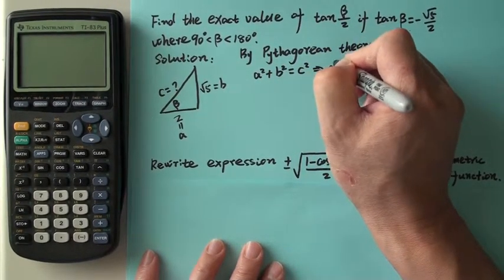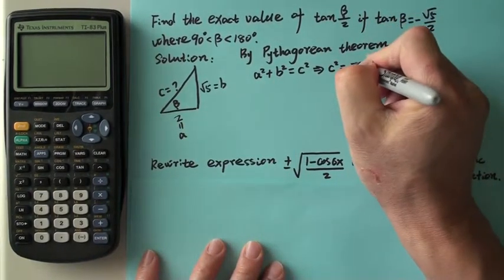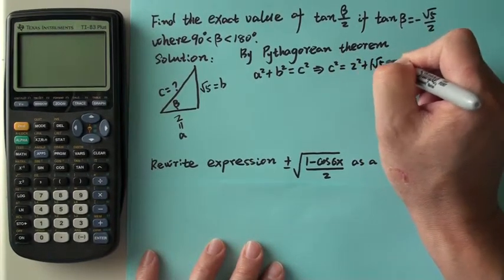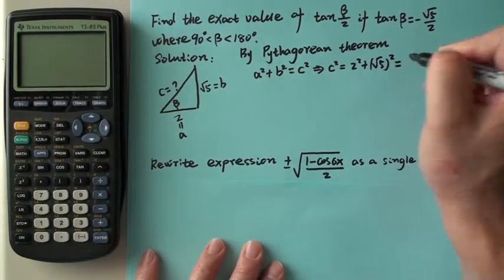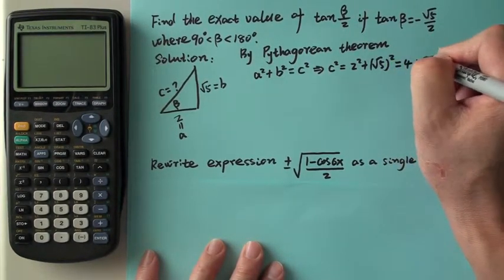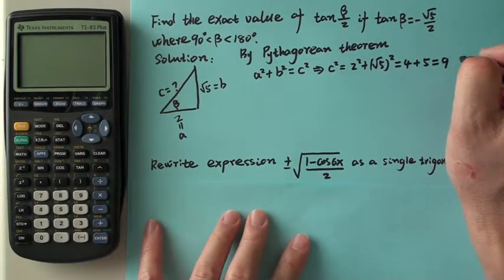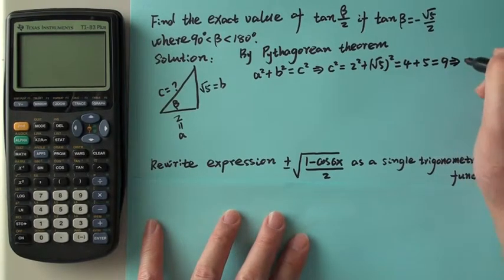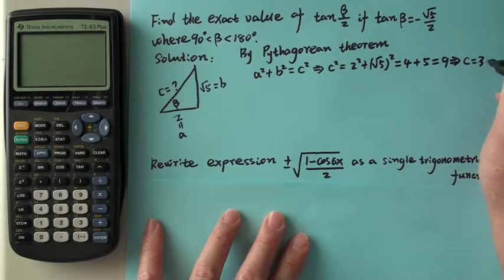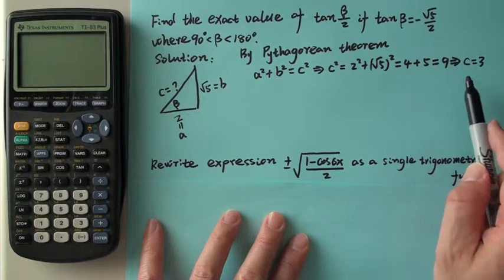This tells us that c squared is 2 squared plus radical 5 squared, which equals 4 plus 5, so 9. And then this gives us c equals 3, because c squared is 9. So c is 3.